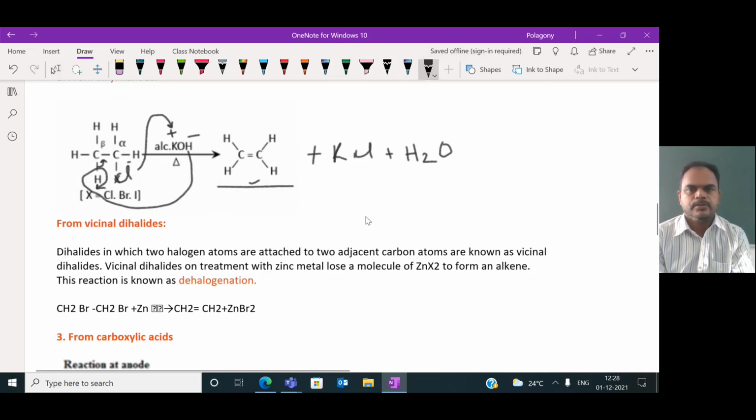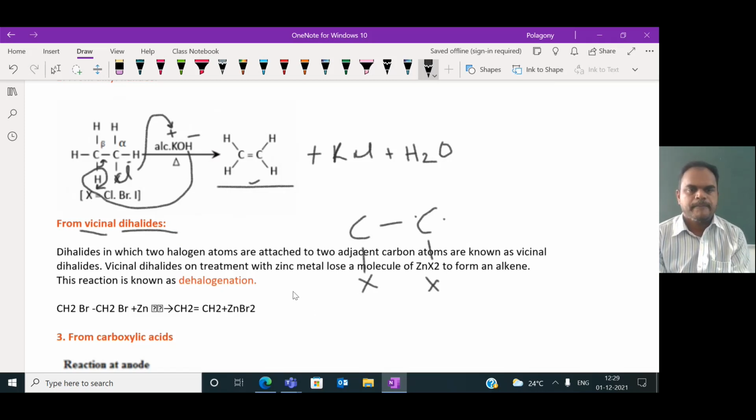Let us take carbon C1, which has one halogen, and carbon C2, which has another halogen. Since the halogen atoms are present on adjacent carbons, it is said to be a vicinal dihalide.